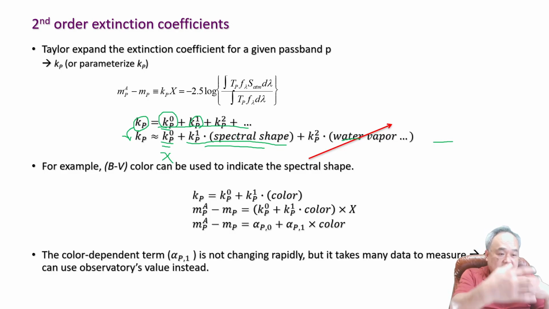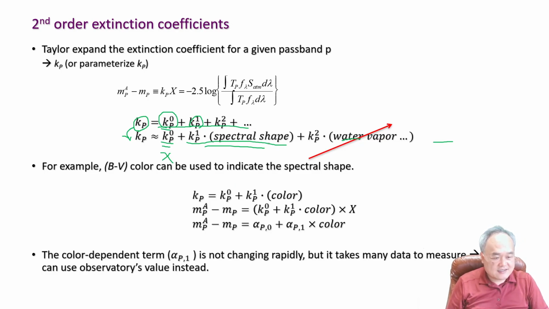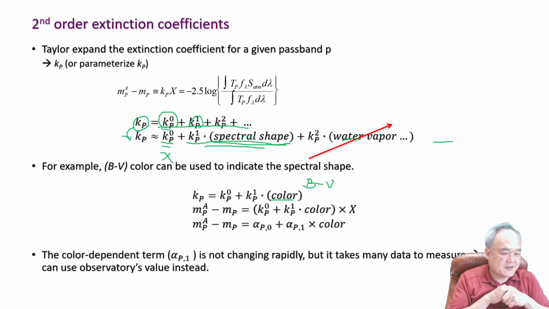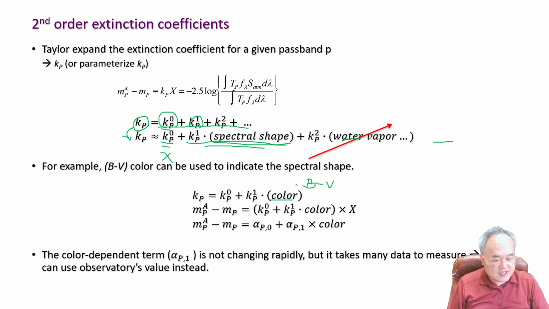Usually the first order term is known as the color of your source. The color of your source can be expressed in terms of the magnitude difference in two different passbands, such as blue minus visual, visual minus infrared. So you can use all sorts of color magnitudes of your star here.